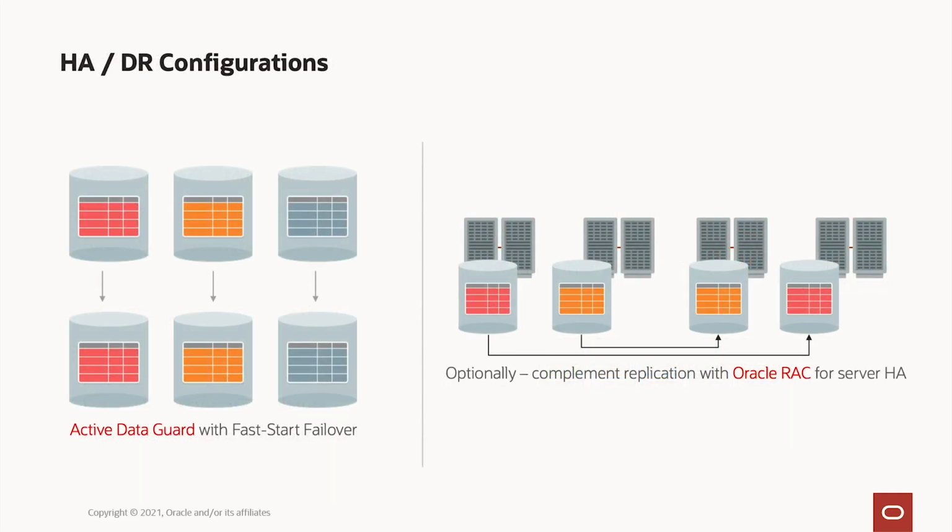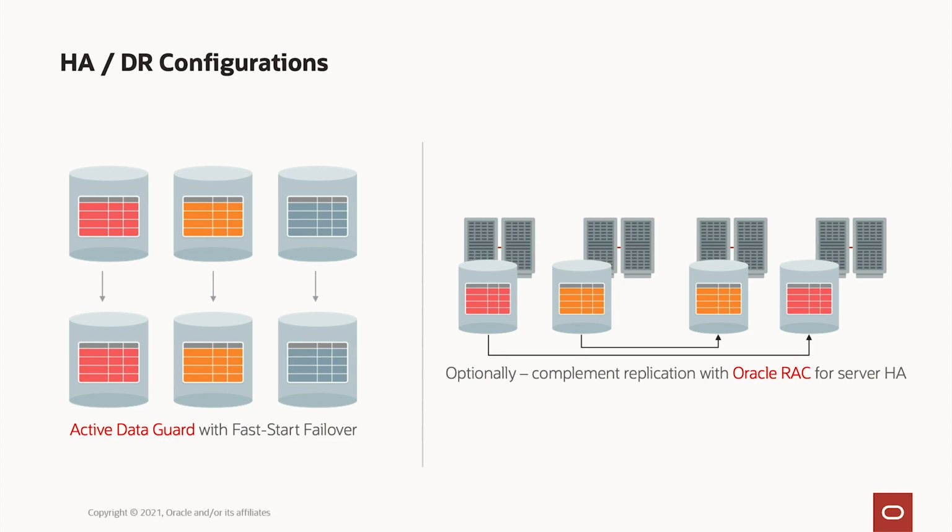For high availability and disaster recovery purposes, each shard can be protected by a standby. Say we can use Data Guard. So you can configure shards and you can define the number of replicas you want, and the configuration for your Data Guard, things like fast-start failover, Data Guard broker, all of that is done automatically as a part of the sharding configuration.